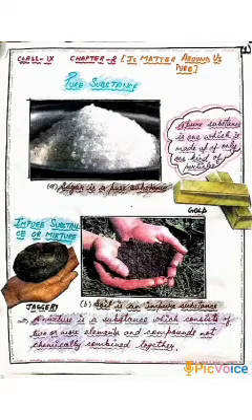Students, if we observe some sugar and some soil, or we can say mitti, placed on two different sheets of paper with a magnifying glass, we will find that the color, shape, and size of all the particles of sugar are the same.